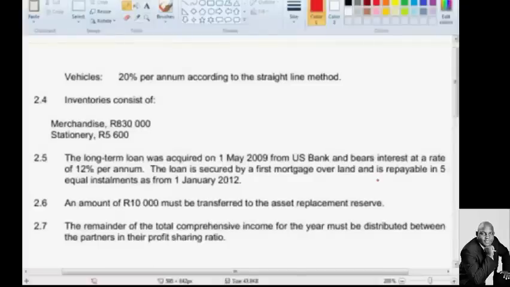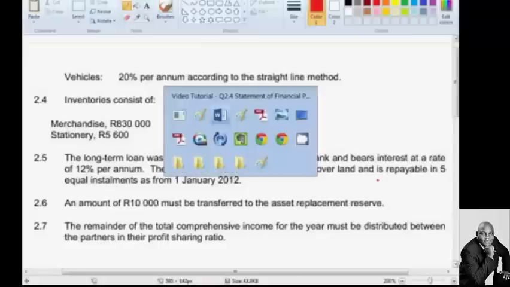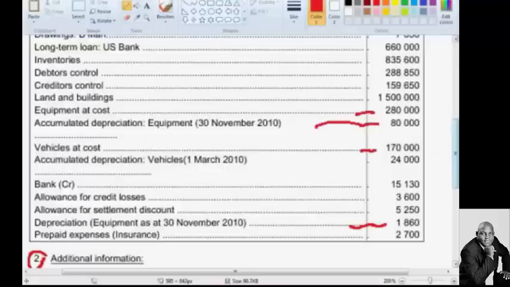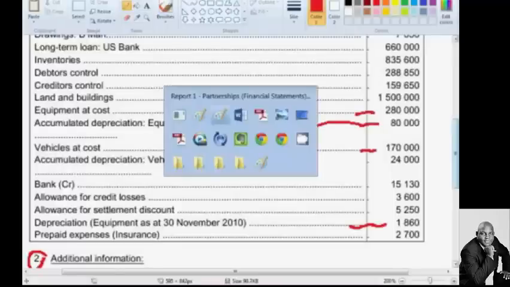170,000. And then we need to find the depreciation. Let me go back to my trial balance. Depreciation is 24,000.